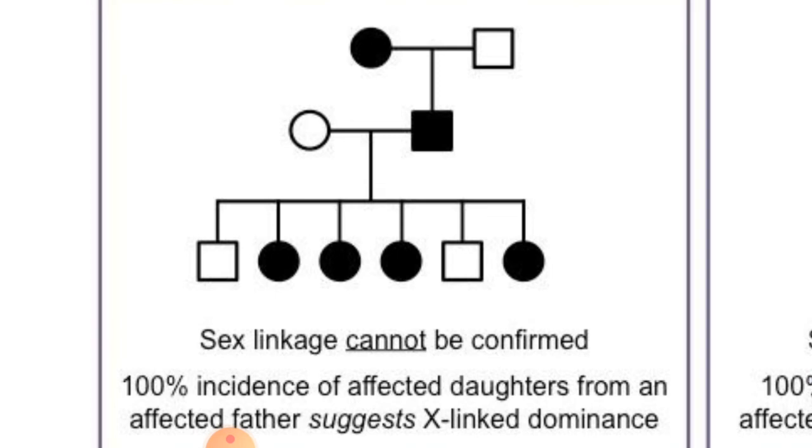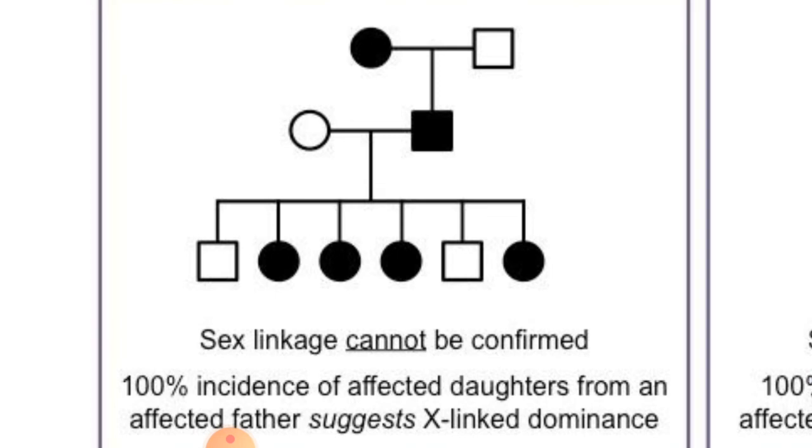What do you see in this? The top one is the parent. Female affected, male unaffected. They have one son who is affected. He marries a woman who is unaffected, and out of their children, all the daughters are affected.